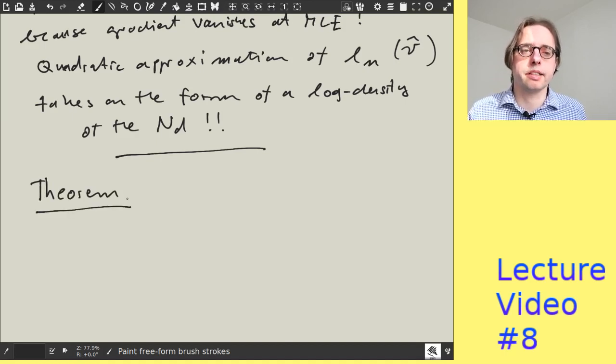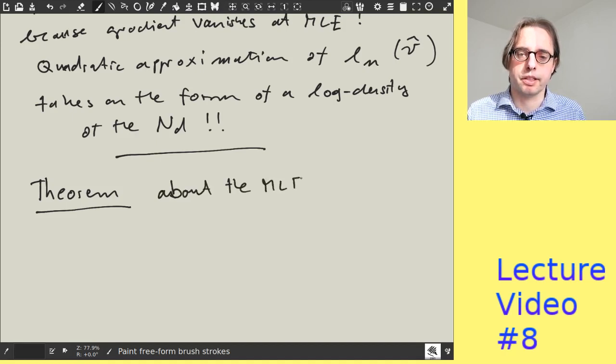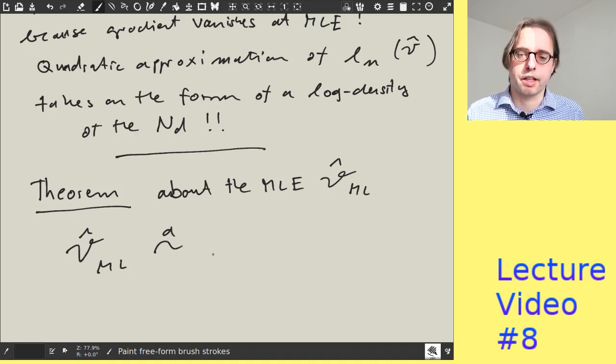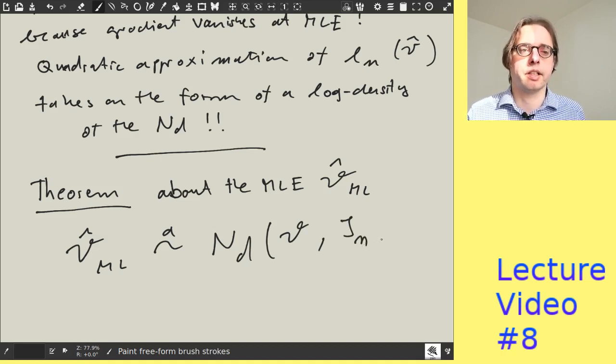This theorem is about the MLE. So, theorem about the MLE theta hat, and it goes as follows, namely the maximum likelihood estimator is asymptotically distributed as a multivariate normal around the true mean with the covariance matrix taking on the form of the observed Fisher information inverted.